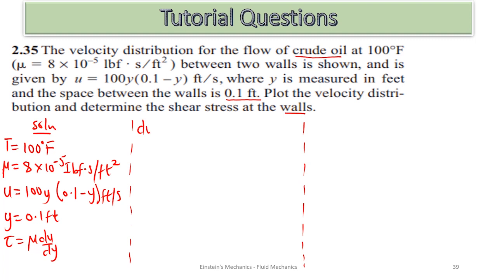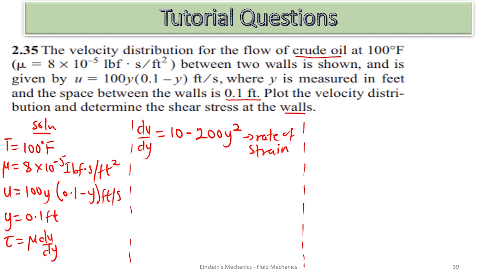So du dy is now going to be equal to, if you differentiate this with respect to y, you are going to get 10 minus 200 y squared. This is the same as the rate of strain. Yes, calculus. Differentiate this and you are going to get 10 minus 200 y squared.